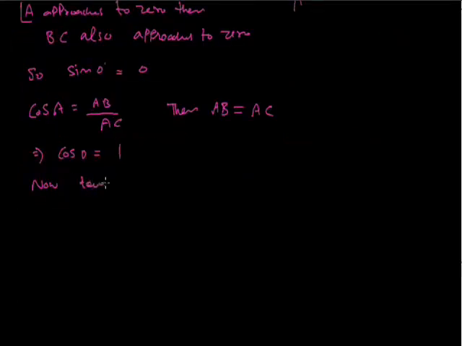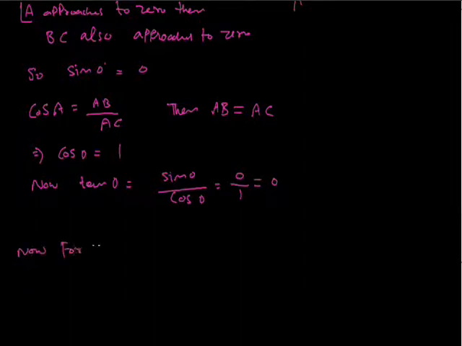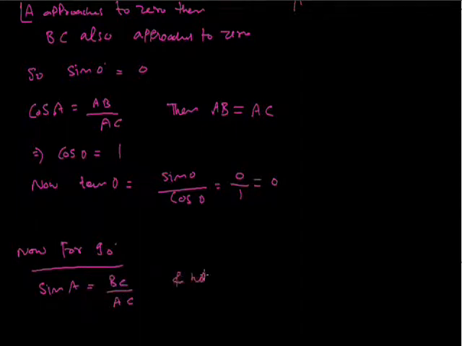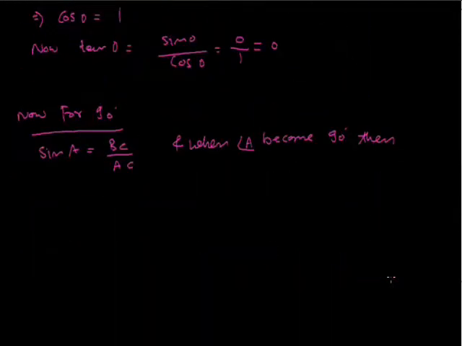Now tan 0 equals sin 0 upon cos 0, so 0 upon 1 equals 0. Now for 90 degree. Again sin A equals BC by AC, and when angle A becomes 90 degree, then BC equals AC. So sin 90 equals 1.